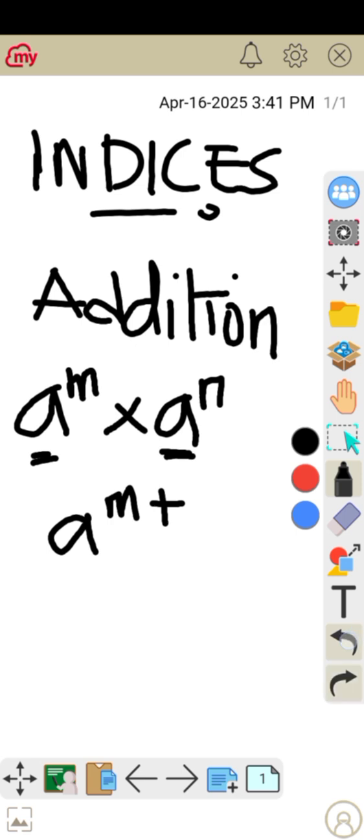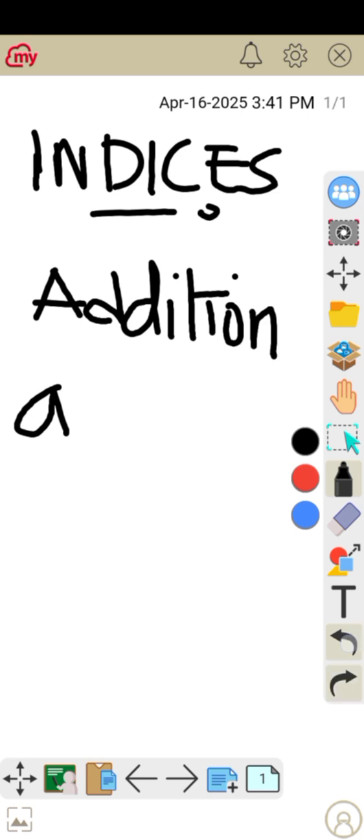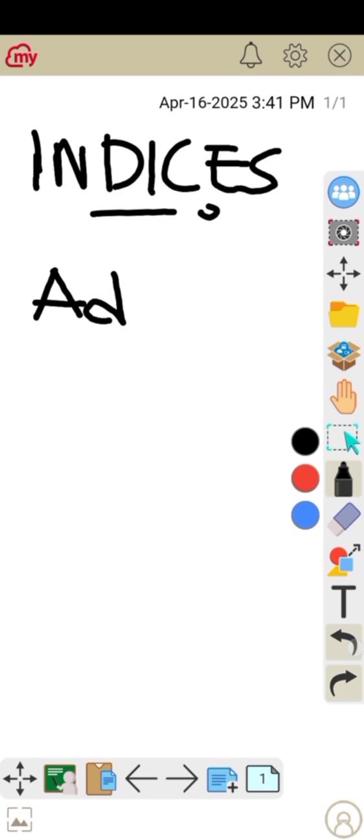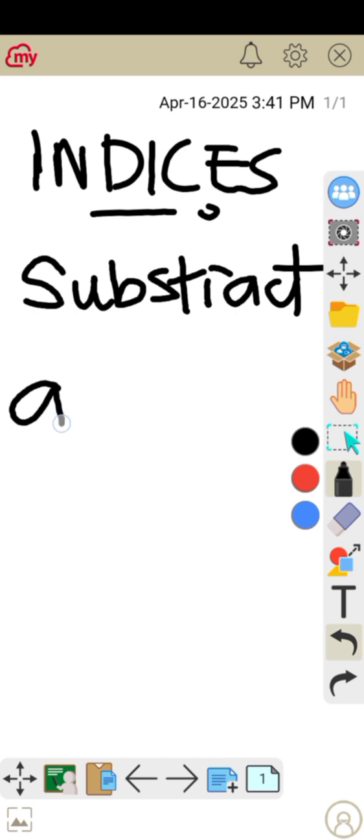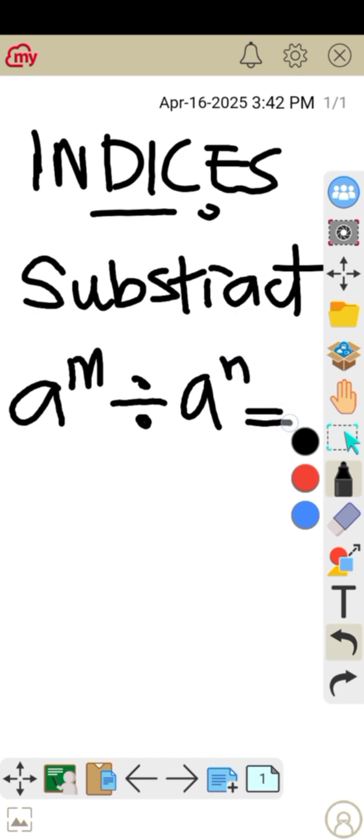The second law of indices is known as subtraction. In this subtraction, we have the base, the power, divide by another base, another power, equal to what?